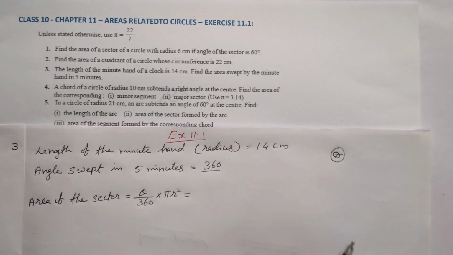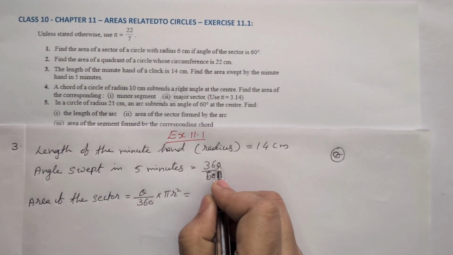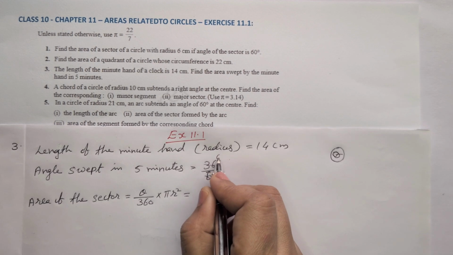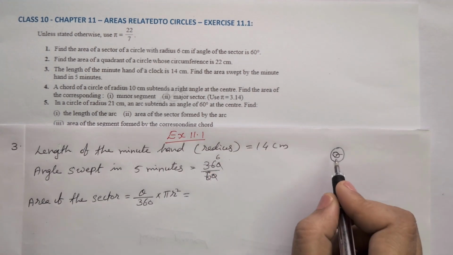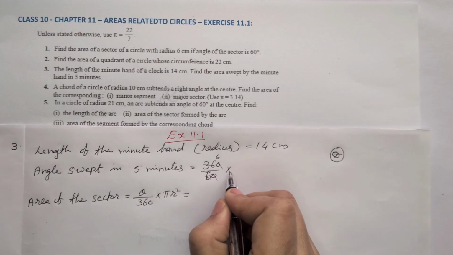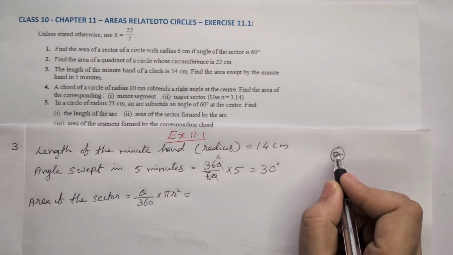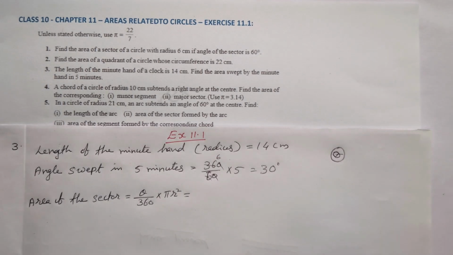So in 1 minute, 360 by 60, the minute hand moves 6 degrees. So for 5 minutes, 6 into 5, 30 degrees. In 5 minutes, the minute hand will move 30 degrees.